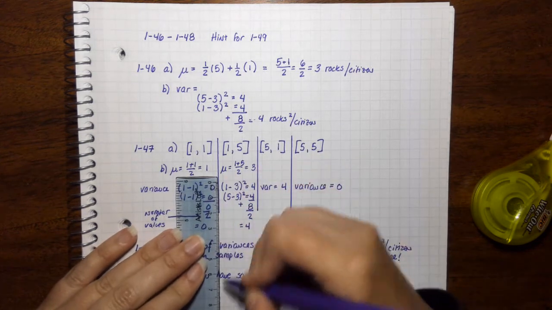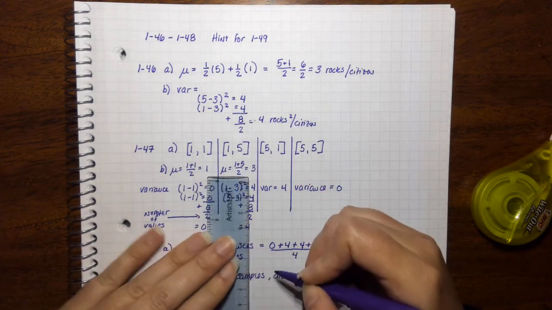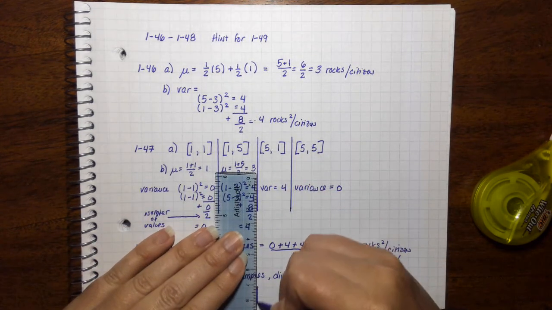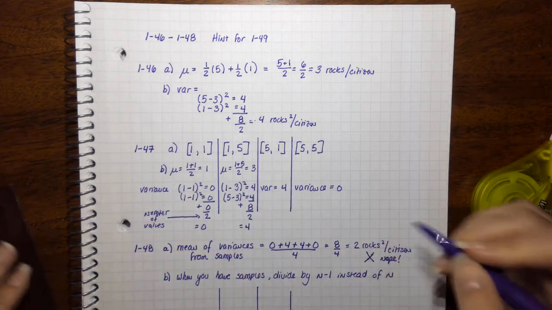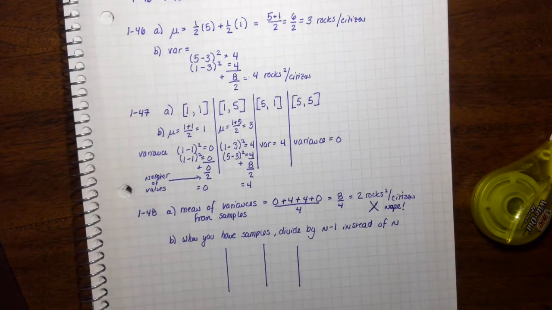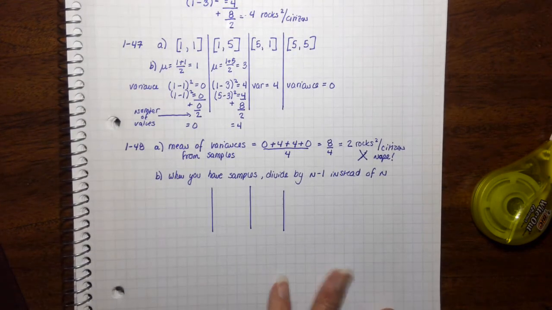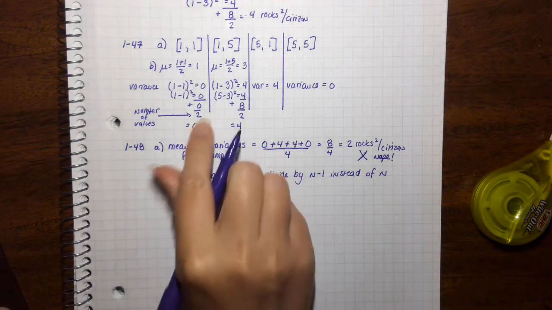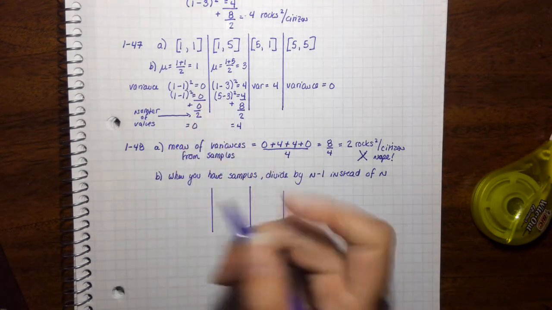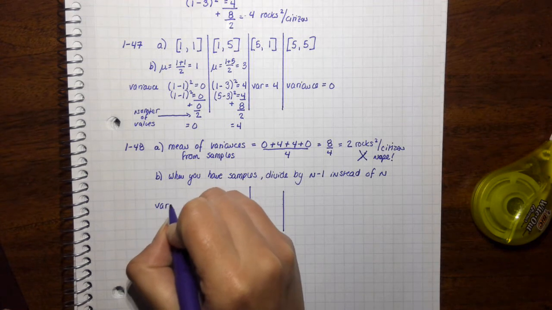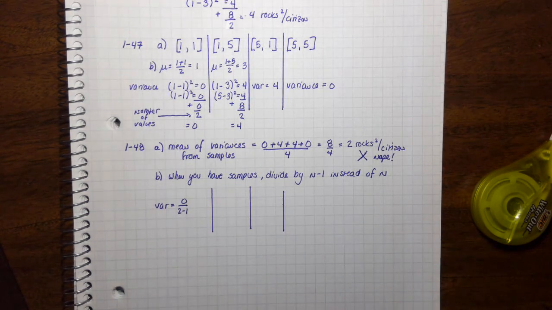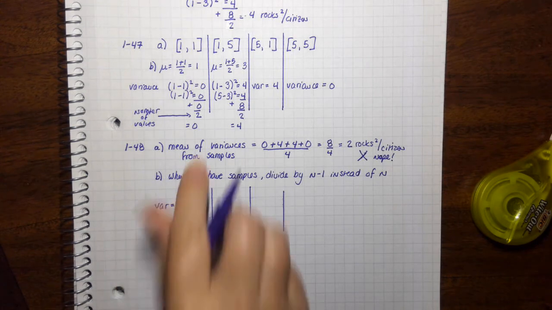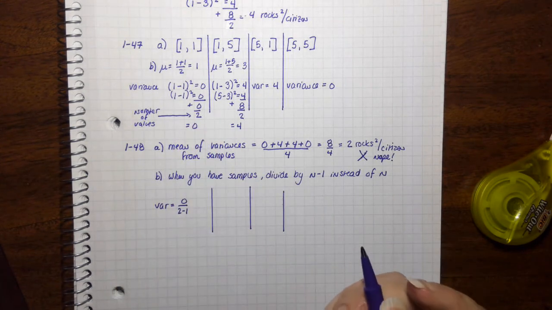So I'm going to extend these lines down here so that you guys can see my work. I am going to have the same numerator. It's just that I'm going to divide by 2 minus 1 instead of 2.